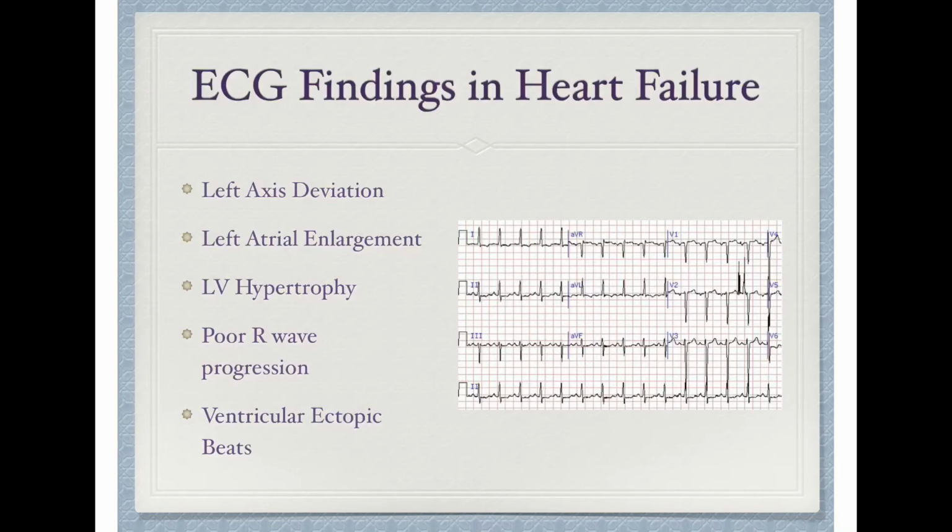This is an ECG of a patient with heart failure showing several of these features. We see prominent negative P waves in the lead V1, which indicates possible left atrial enlargement.